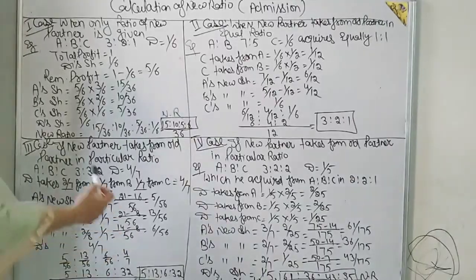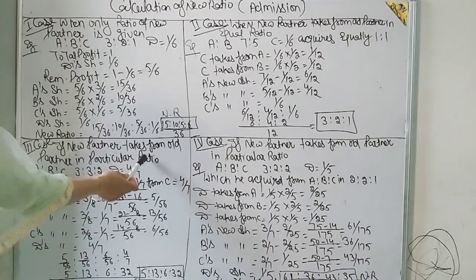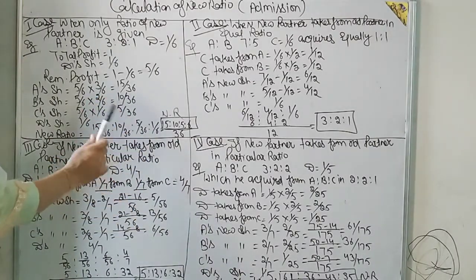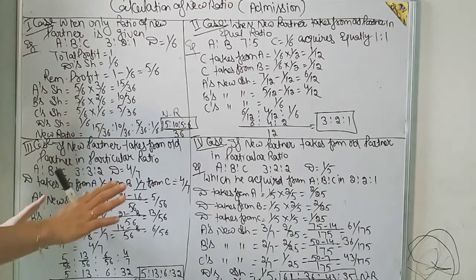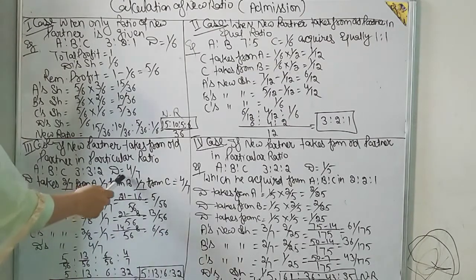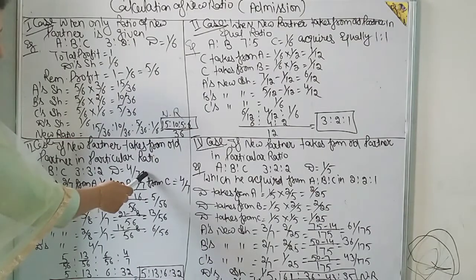Third case we have, if the new partner takes from old partners in a particular ratio, then what does it mean, in particular ratio or in particular part? For example, A, B and C are partners in 3:3:2. D is admitted for 4/7 share.